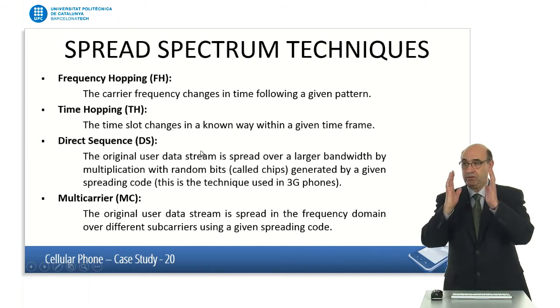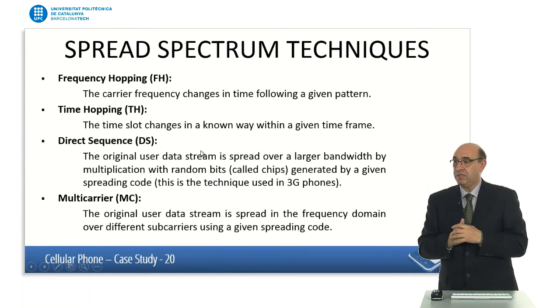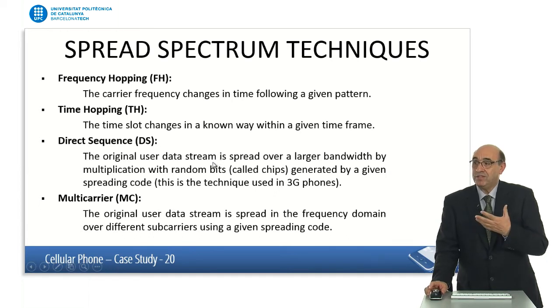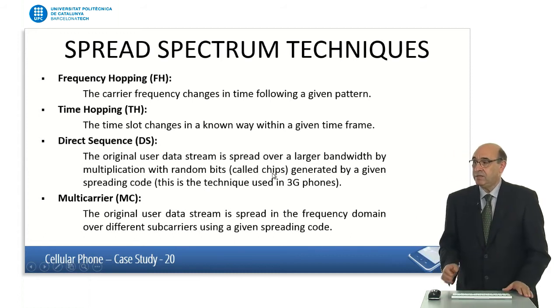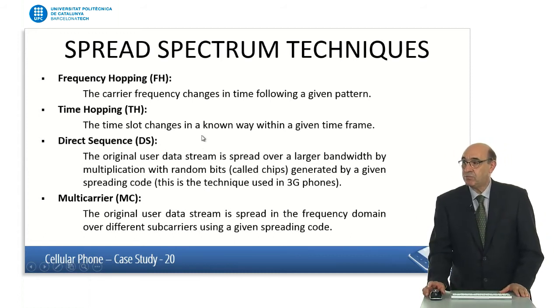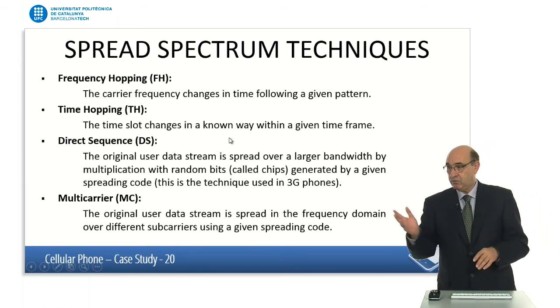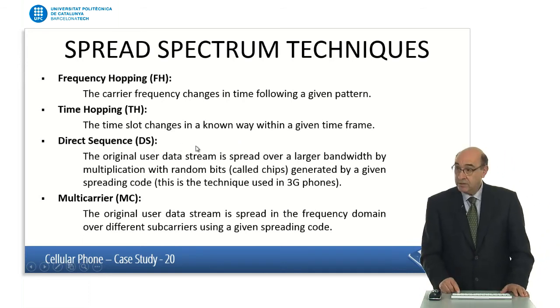So you take your data bits and then you multiply them by a large set of random bits. And to distinguish them from the important bits, the ones we generate, we call those code bits chips. So whenever you hear a chip, that means a bit in that sequence that is spreading your signal. And then there are other ways of doing this by multi-carrier, but we are going to comment on this case, the direct sequence spreading.